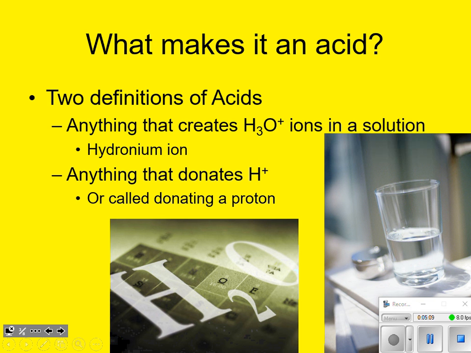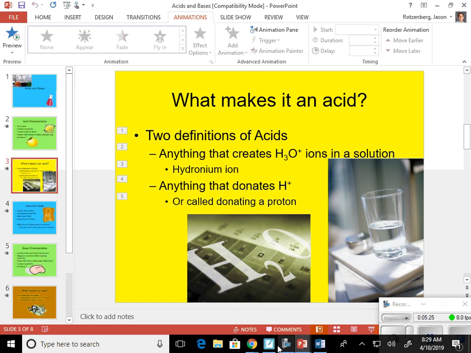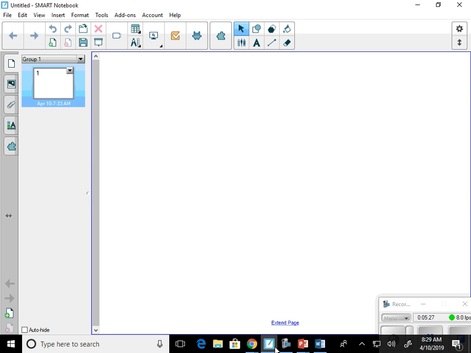What I'd like to do is, once you jot this down, I'm going to draw out an example to explain how both these definitions can be used to explain how something is an acid. The most common acid that high school chemistry students work with is hydrochloric acid, HCl.